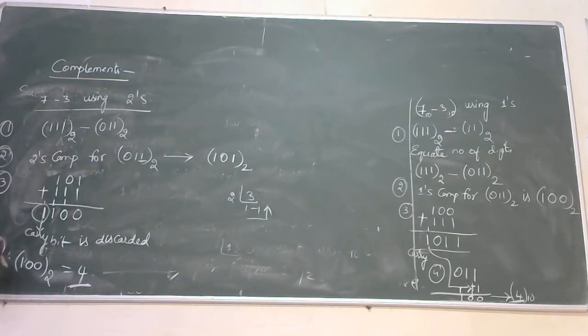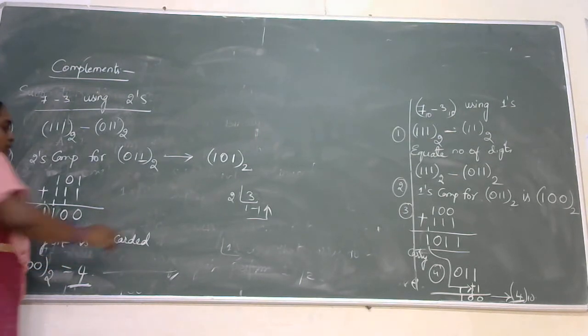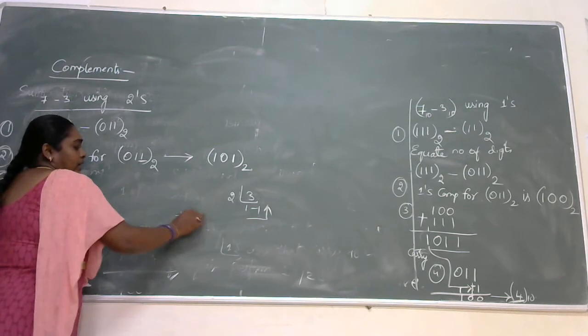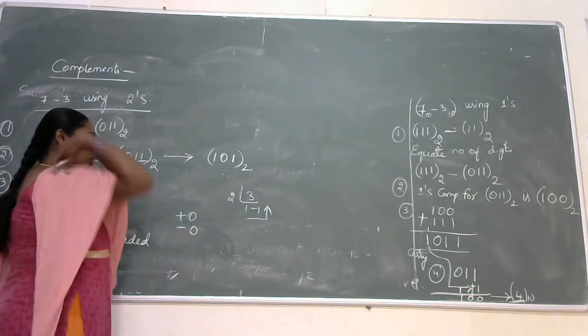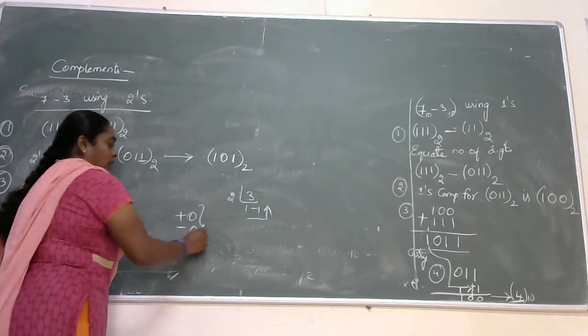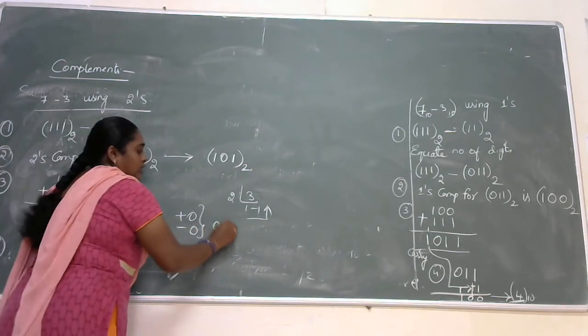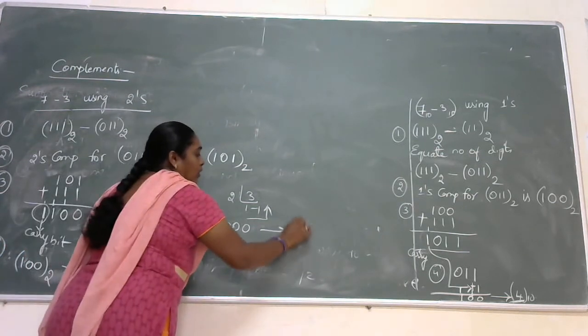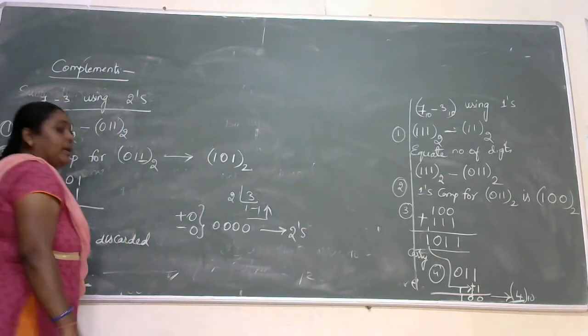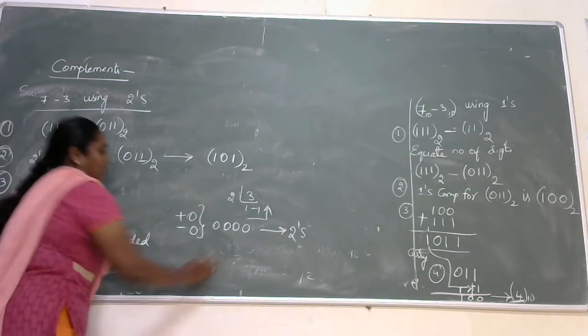But we prefer 2's complement rather than 1's complement, because whenever we write the equivalent for plus 0 and minus 0, we get only one notation, which is all zeros, in case of 2's complement but not in 1's complement.